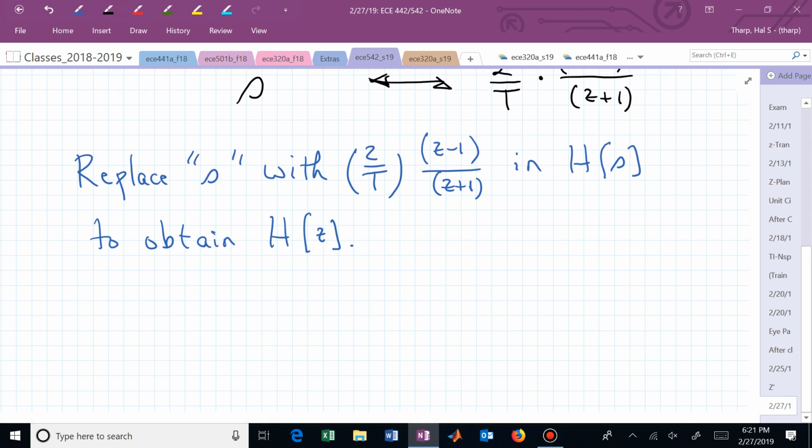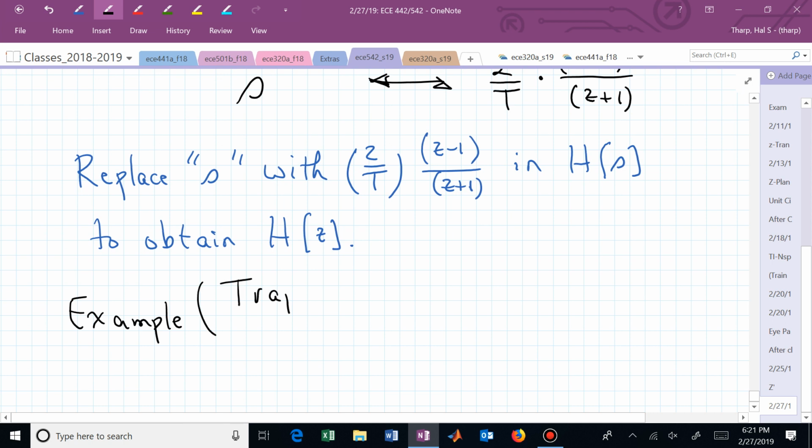And now I know you're just anxiously awaiting what this looks like for a low-pass filter. This is now for the trapezoid rule, or you might see someone else or a source call it the bilinear transformation.